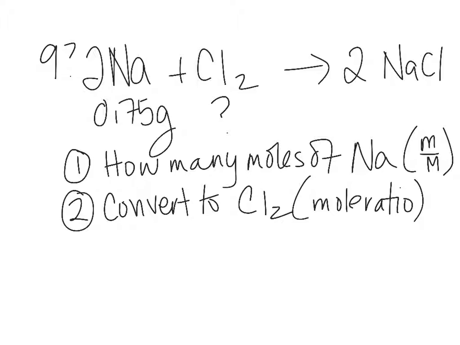Yes. So now you're going to convert to moles of chlorine. For every 2 of these, we need 1 of those. So you're going to take your moles of Na and multiply them by 1 chlorine over 2 sodiums. Do you know where I got the 1 and the 2 from?